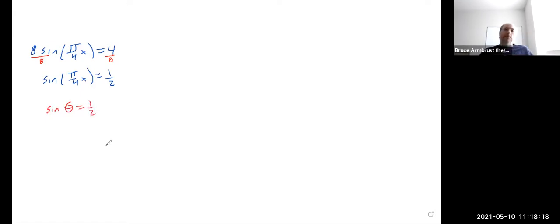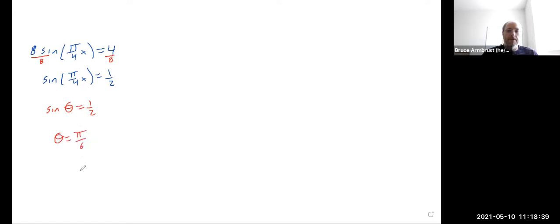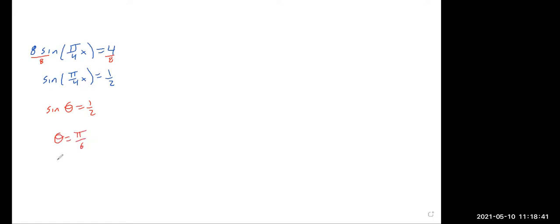So let's just think about this for a minute. Can you tell me angles where sine is equal to 1/2? It should be on our chart. Pi over 6. Okay, so that's one of them. And then 5 pi over 6. Another one down the list.